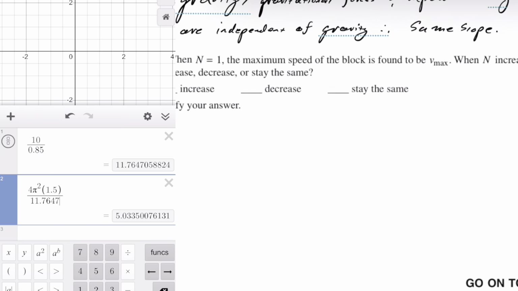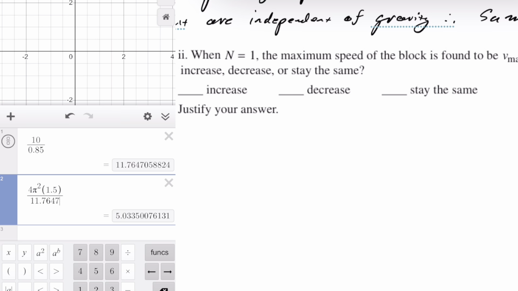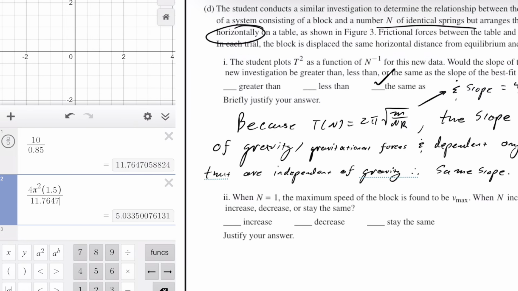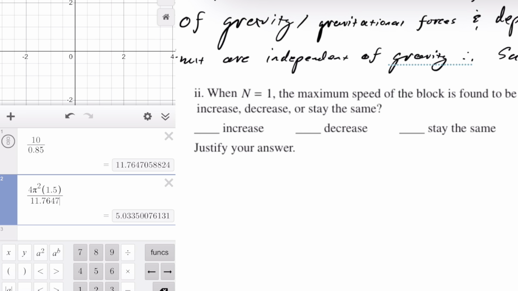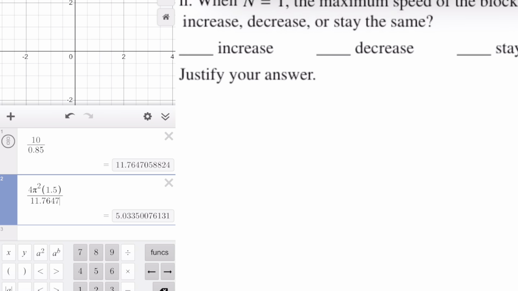The period won't change. When n equals 1, the maximum speed of the block is found to be Vmax. So in this horizontal situation, when n increases, will Vmax increase, decrease, or stay the same? So let's think about it.